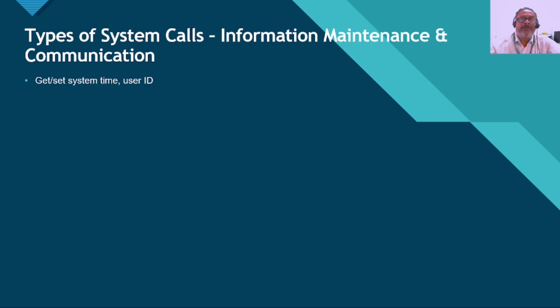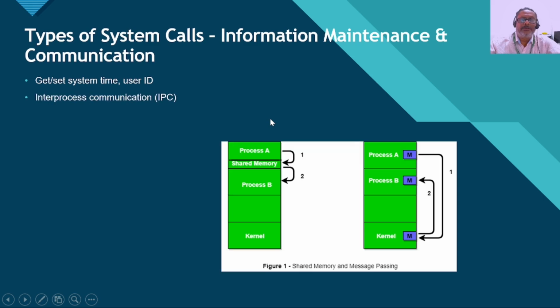In case of scheduling, as we discussed in the earlier session on process control, each process is given some slot, and after the slot is over, the process has to stop and the control has to go to some other process. All these activities are taken care of by the timer, and set timer, get timer, and all that are the functionalities provided by the information maintenance and communication component.